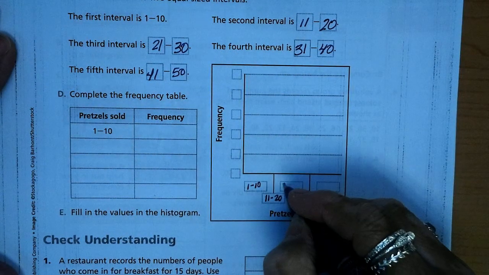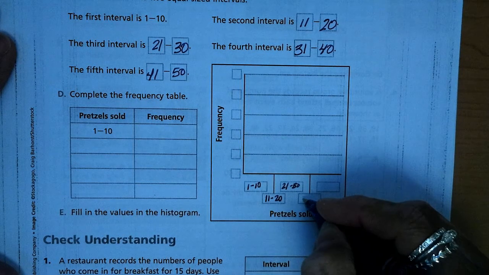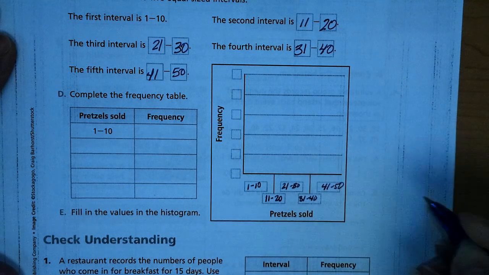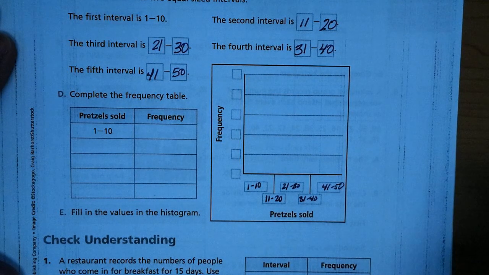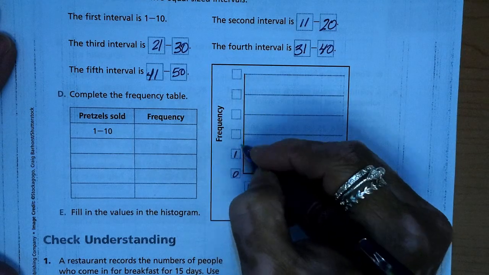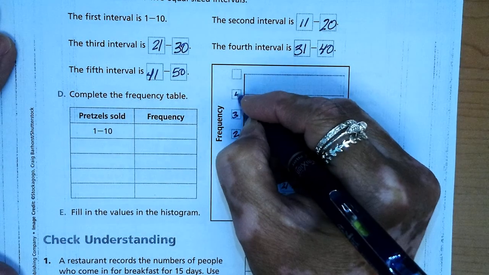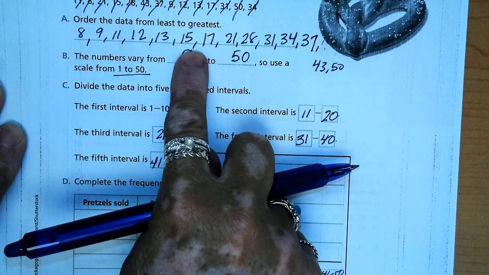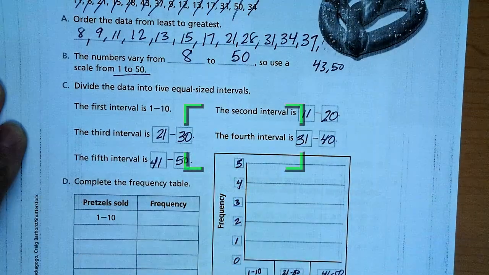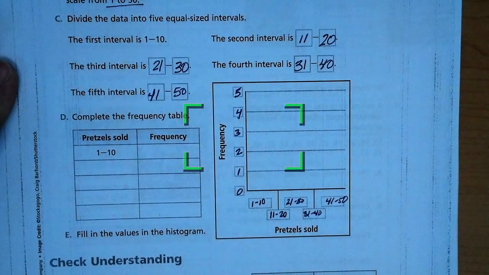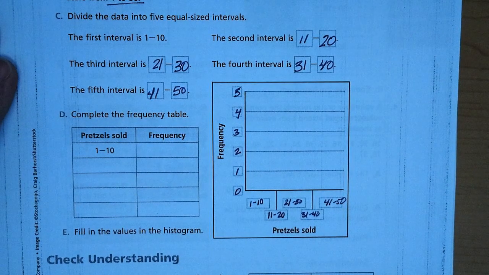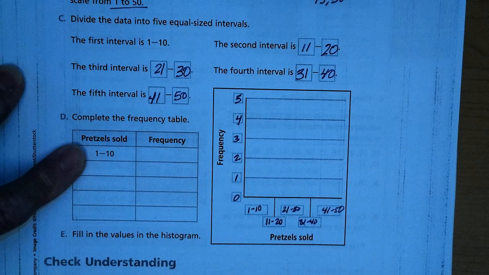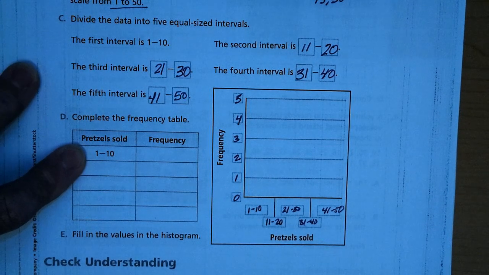All right, so then 21 to 30, 31 to 40, and 41 to 50. Okay? And then our frequency is just going to go by 1, because we didn't have any numbers that repeated. And I don't think we'll have more than 5 in each column. All right, so how many do we have in the 1 to 10?